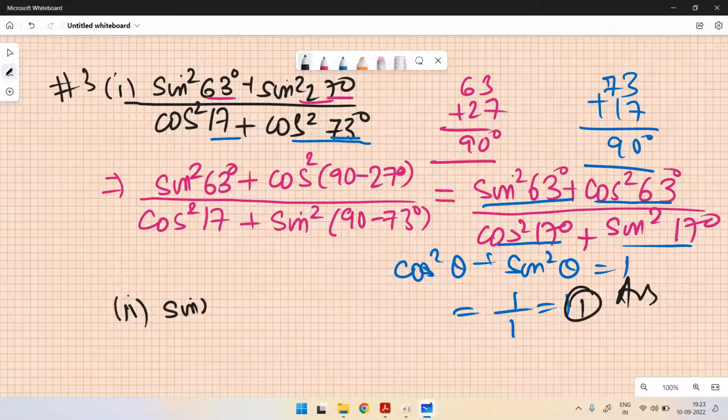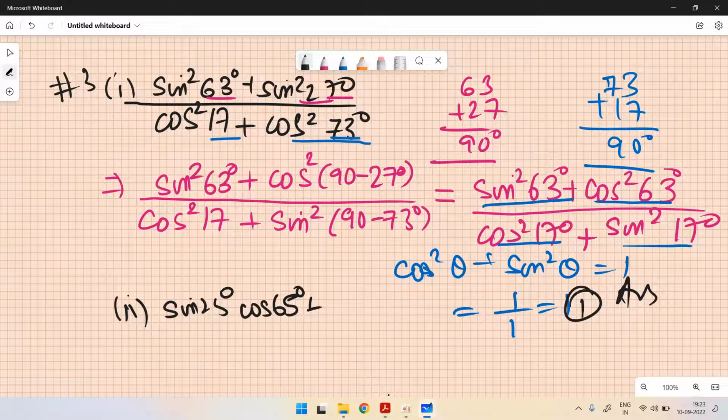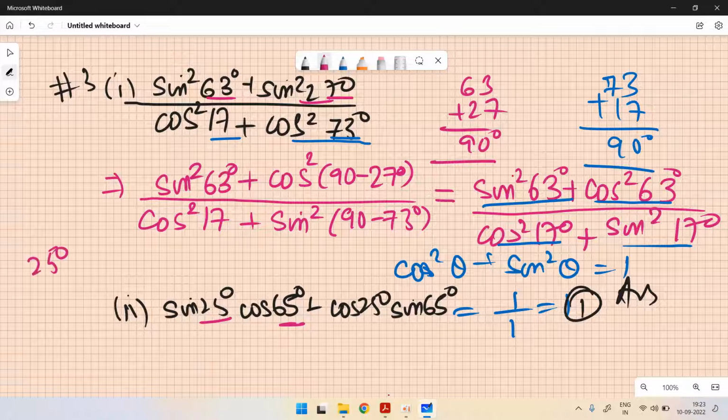Now for the second: sine 25 degree cos 65 degree plus cos 25 degree sine 65 degree. You know from this that 25 degree plus 65 degree, if you add, is 90 degree.